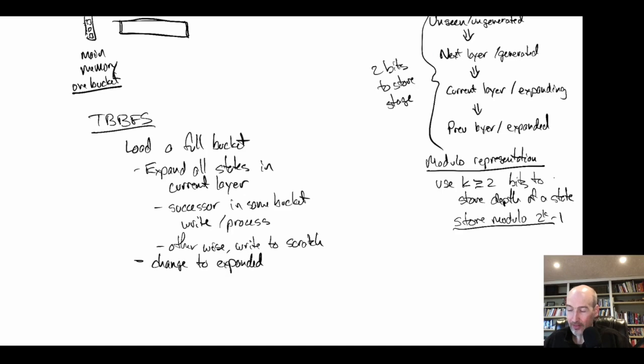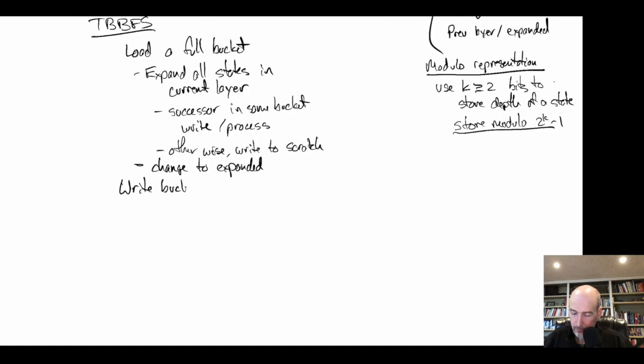There's ways to avoid this in practice, but for simplicity, we're going to say that we're now changing this state. So I've got this, and then when I'm done, I'm going to write the bucket to disk.